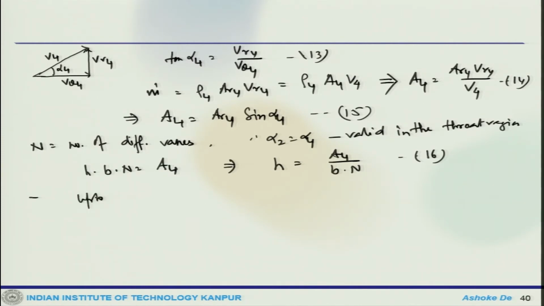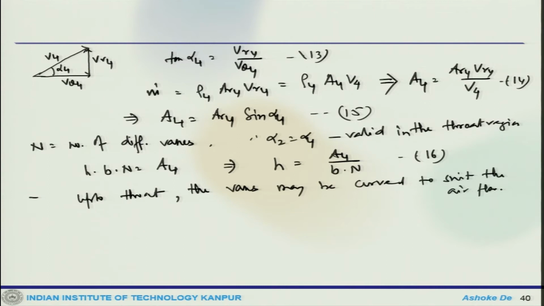Now, up to the throat, the vanes may be curved to suit the air flows. Okay. And after the throat, the air is along the passage and controlled.